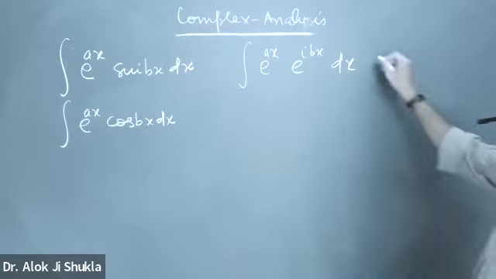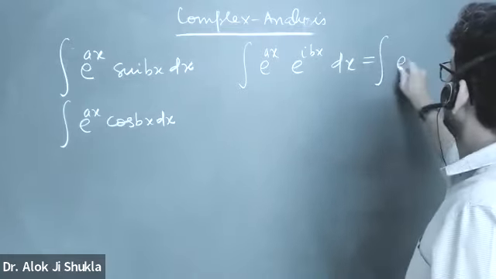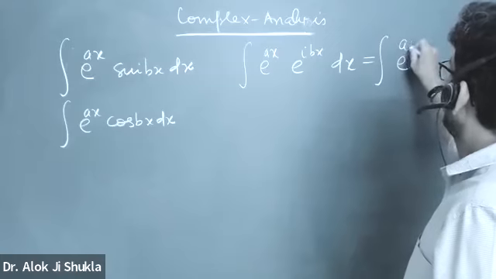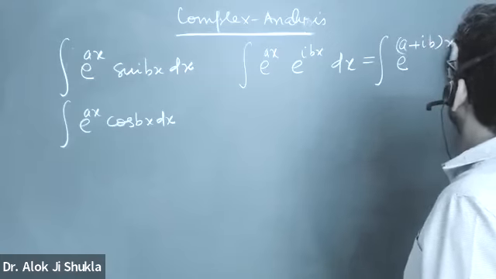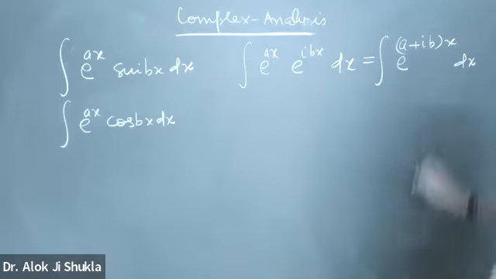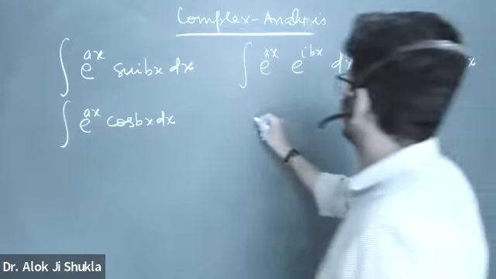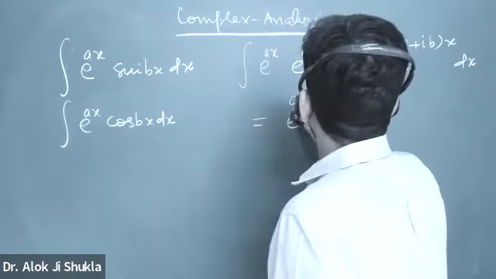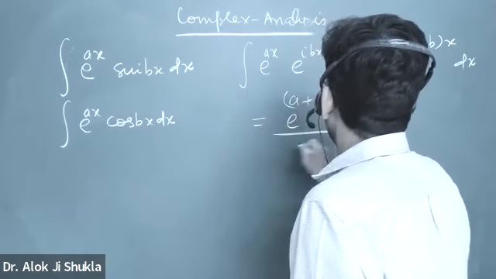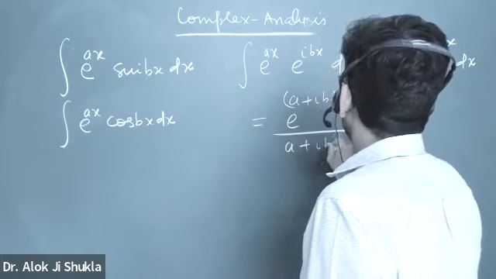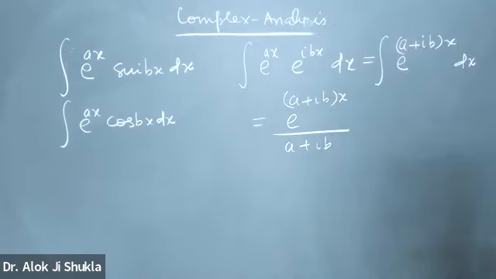So this will become integral e to the power a plus iota b into x dx. Now this is such a simple integration. It will become e to the power a plus iota b x upon a plus iota b. A plus iota b is just like a constant.